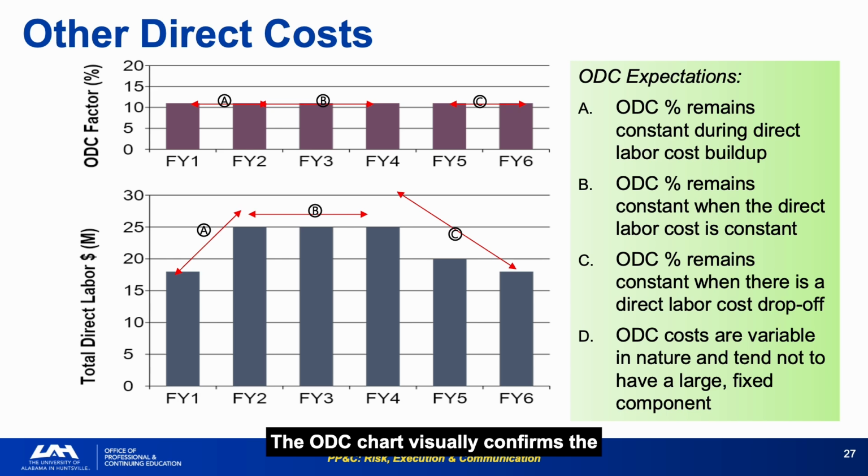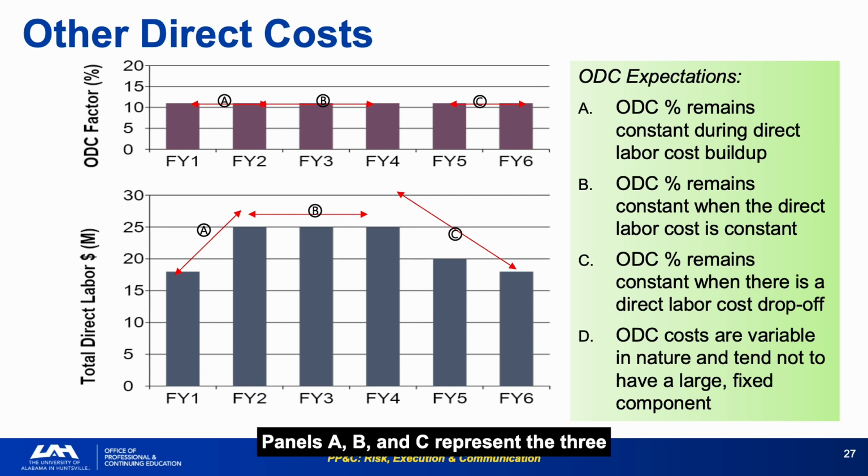The ODC chart visually confirms the constant percentage expectation through the build-up, steady state, and drop-off phases. ODC should be tracked as a consistent percentage of direct labor because it is fundamentally variable in nature with a minimal fixed component. The absence of a significant fixed ODC component is what distinguishes it from overhead. This is why the ODC percentage does not follow the inverse pattern that overhead does when direct labor changes.